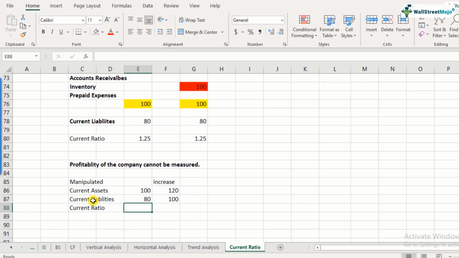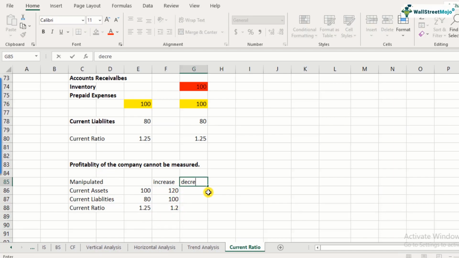Current ratio earlier was 100 divided by 80, that was 1.25. And now in another case, how much is this? 1.2. So increase in current asset, and the same amount, if you increase the current liabilities, the ratio actually decreases, right? So may not be the good way to look at it.